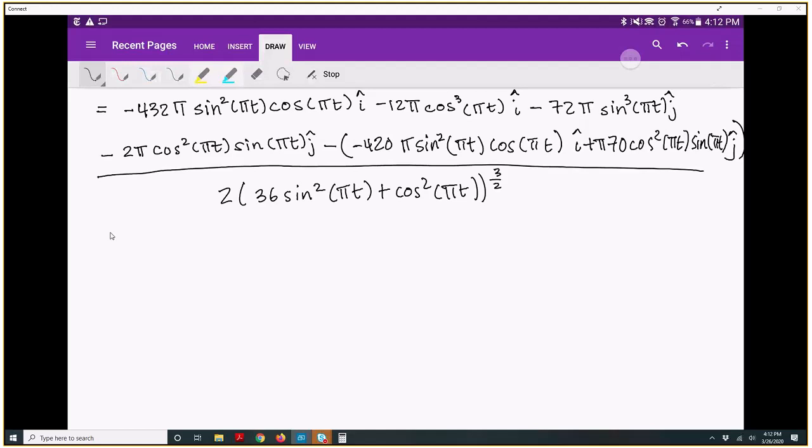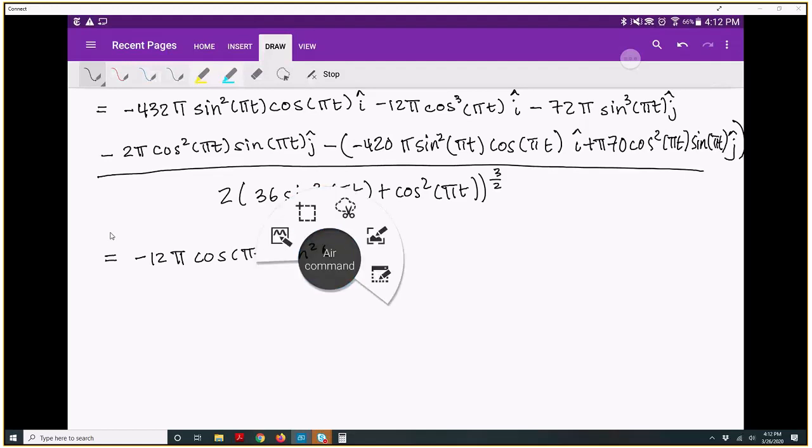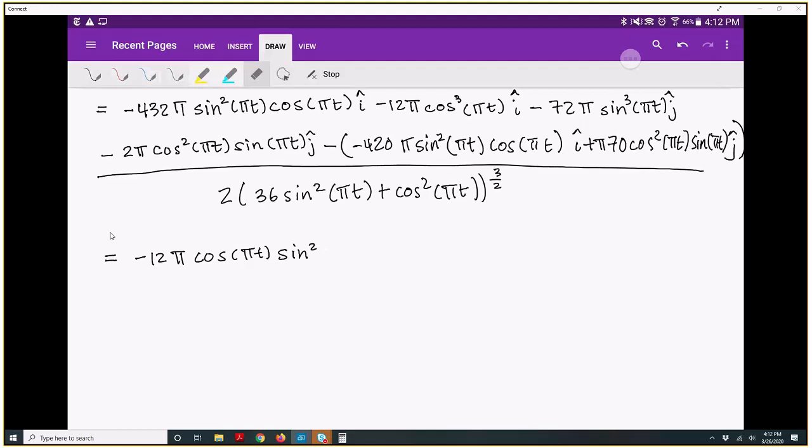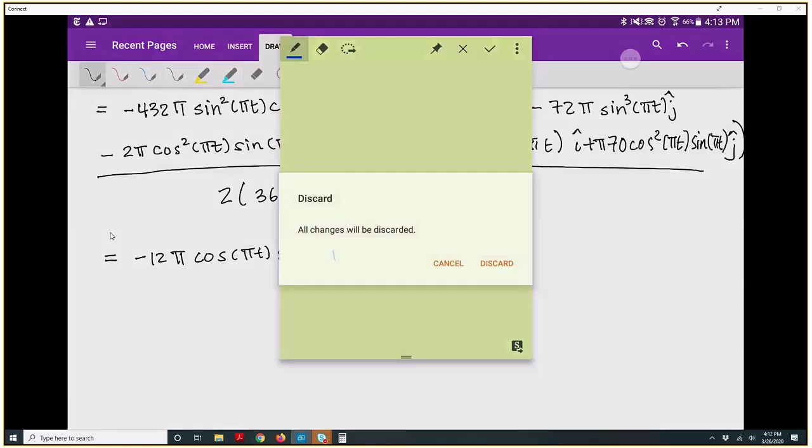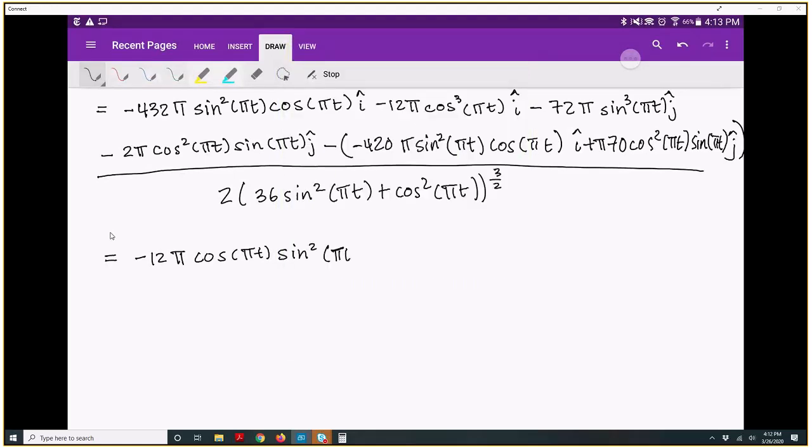So combining like terms, this is just minus 12 pi cosine of pi t times sine squared of pi t i cap and minus 12 pi cosine cubed of pi t i cap minus 72 pi sine cubed of pi t j cap.